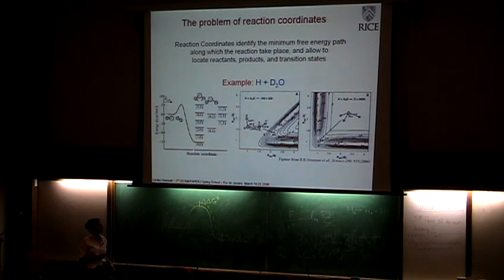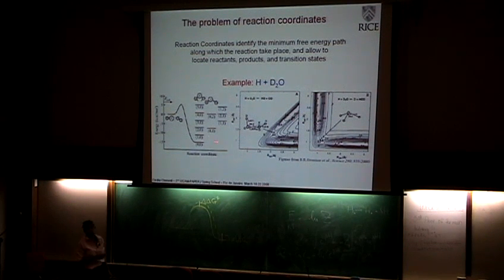In more chemical terms, for instance, this is a very simple reaction, the hydrogen exchange with hydrogen and heavy water. Even for such a simple reaction, it's not trivial to pick the reaction coordinate.